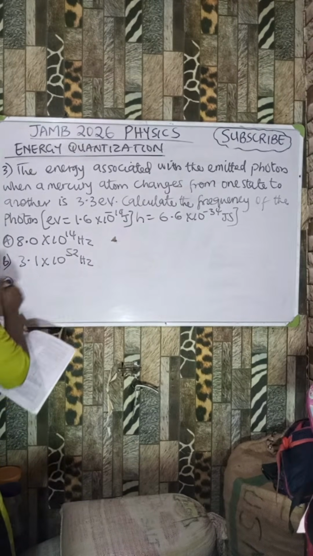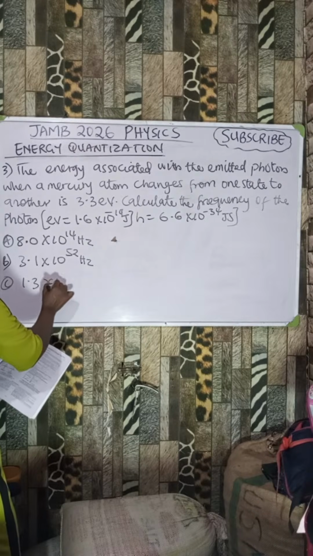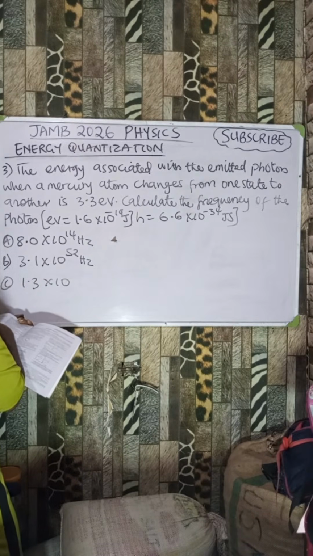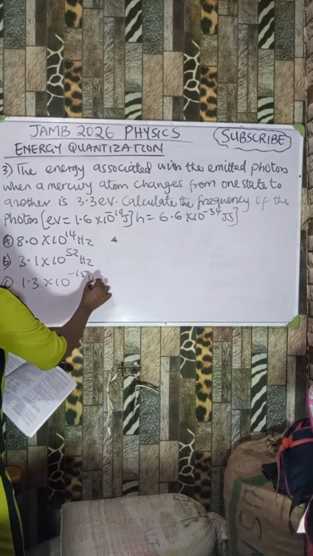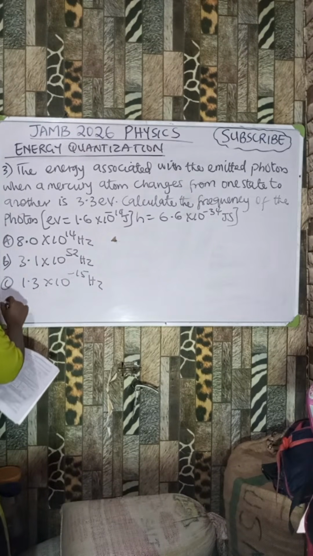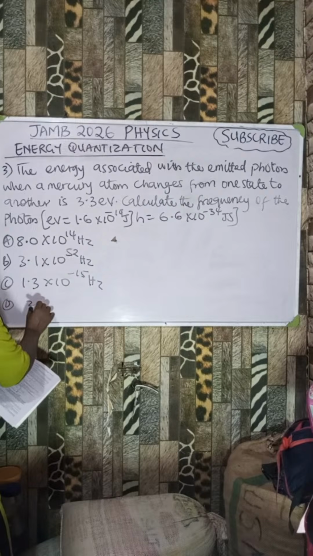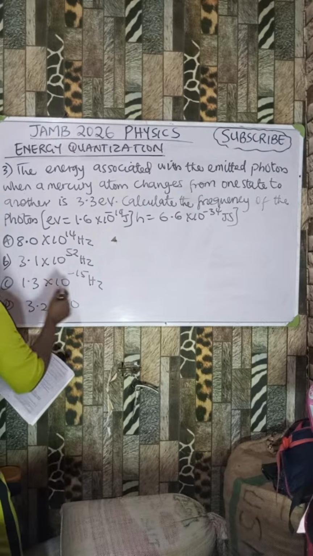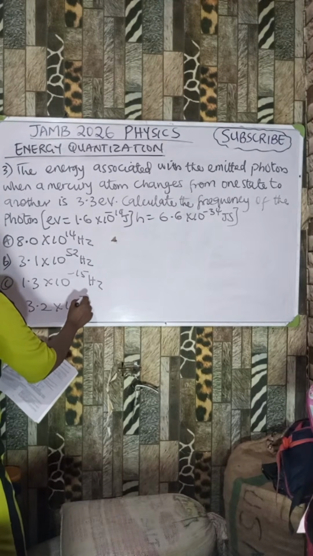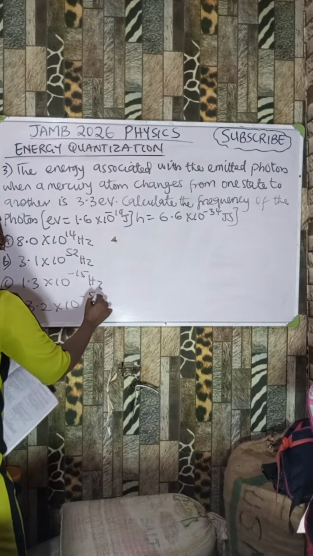Option C, 1.3 times 10 power minus 15 Hz. Option D, 3.2 times 10 power minus 53 Hz.